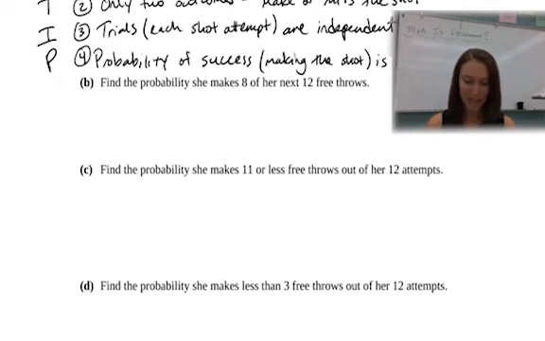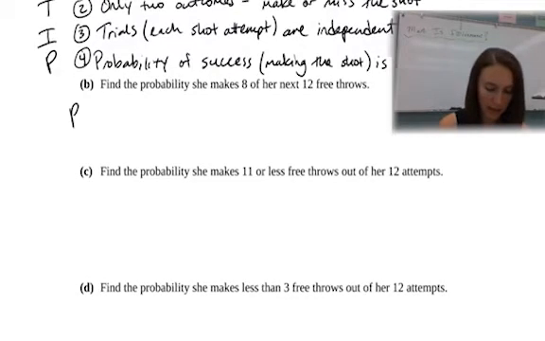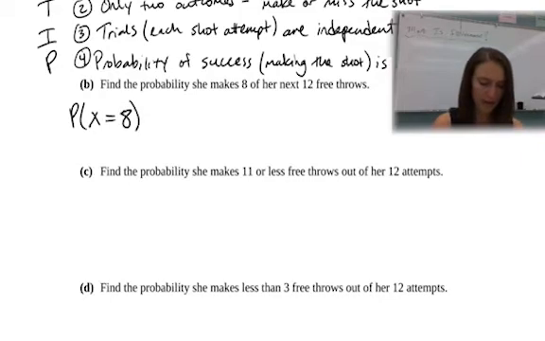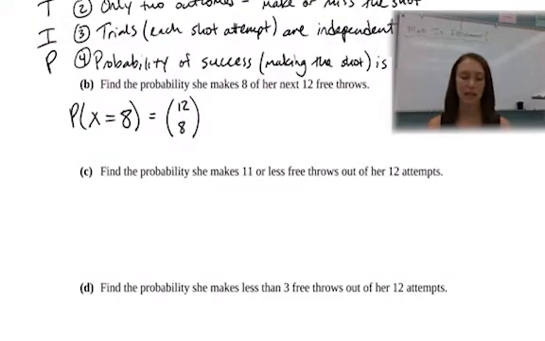Find the probability she makes 8 of her next 12 free throws. So the probability that X equals 8. Now, this is where this 12 choose 8 comes in, because making 8 of her next 12 free throws, she could make the first 8 of the next 12, or she could miss the first 4 and make the next 8, or she could make 2 and then miss 1, and then make 6 and then miss 1.